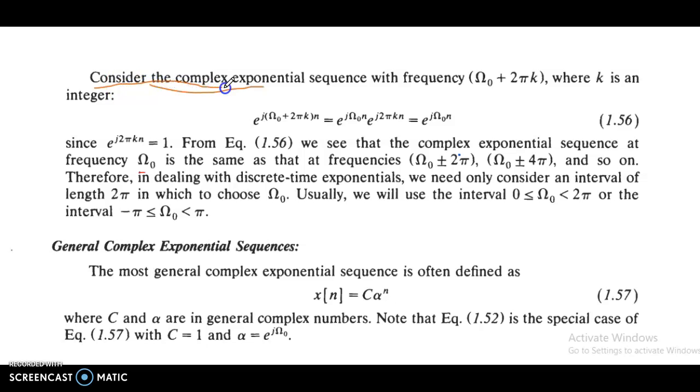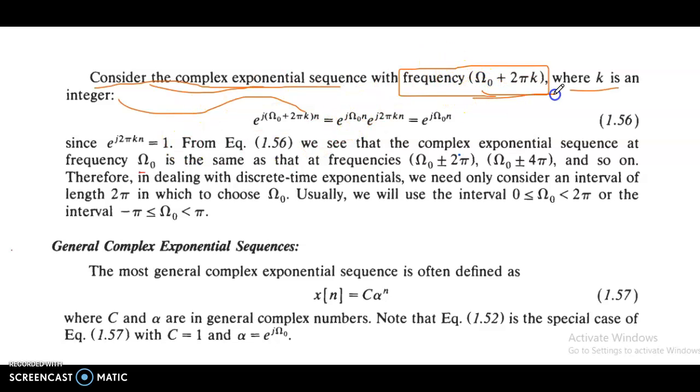Consider the complex exponential sequence with frequency omega naught plus 2 pi k, where k is an integer: e power j (omega naught plus 2 pi k) n.